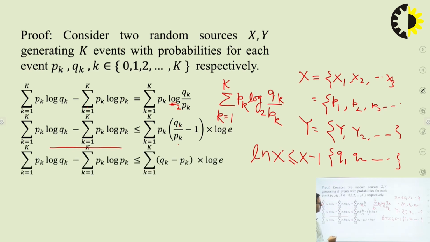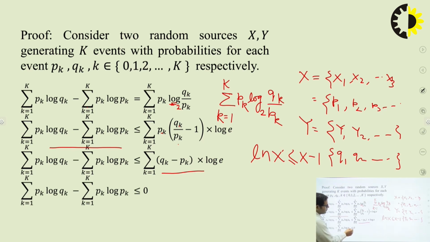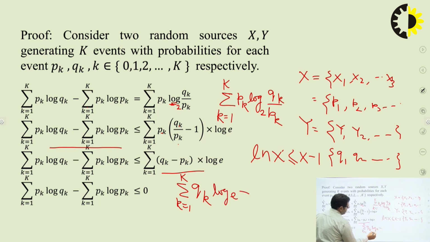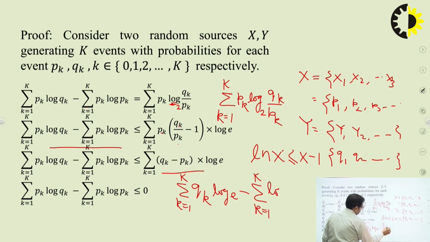Now, when we solve this equation, it converts into the form (Qk minus Pk) into log e, and this quantity must be equal to 0, because when we operate the summation sign, we have the summation of Qk, where k varies from 1 to capital K, into log e minus the summation of log e into Pk.